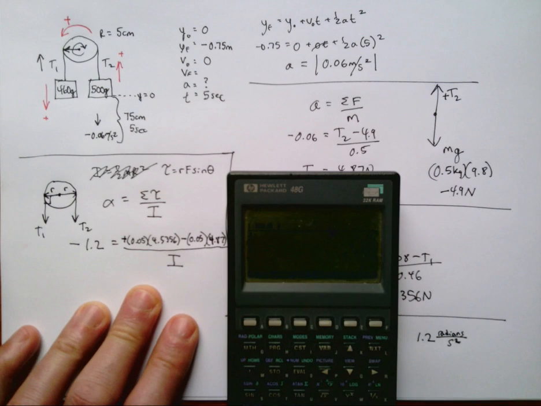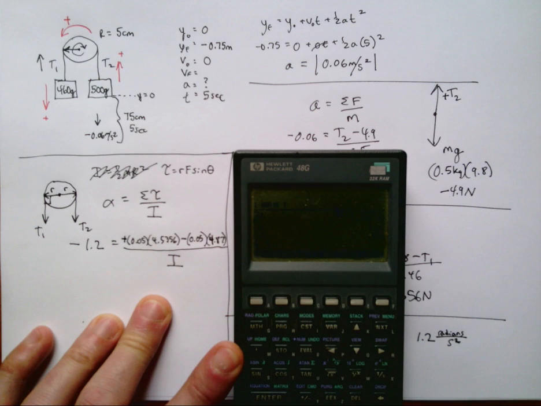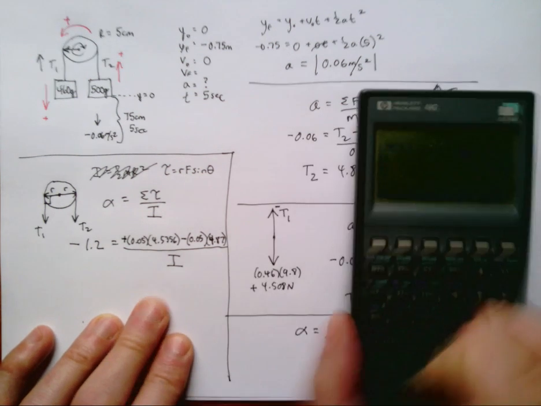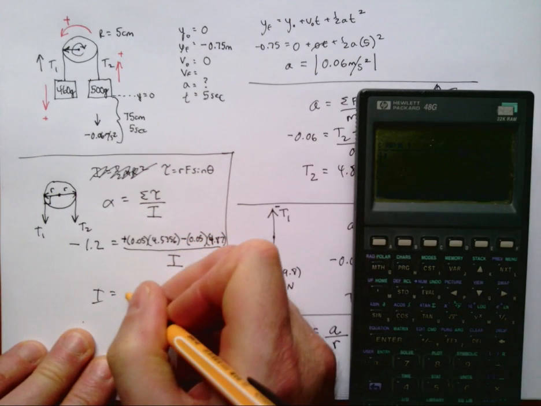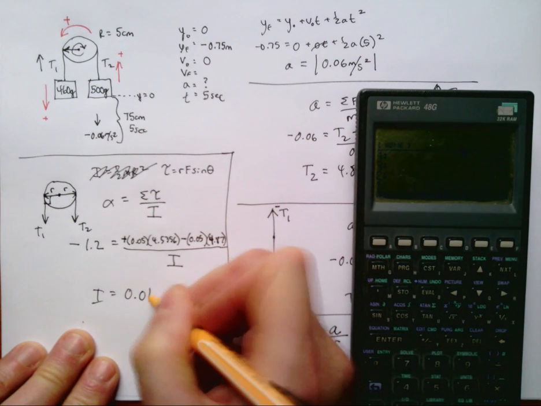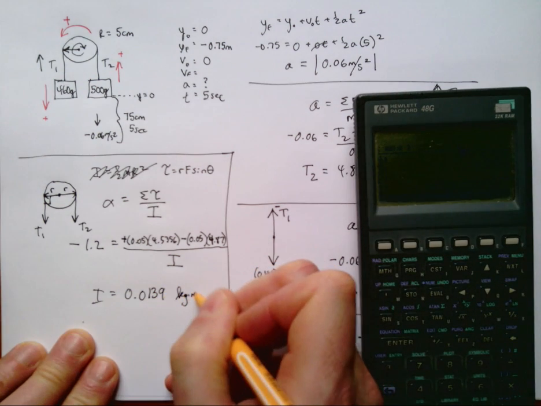So let me take a few moments to pop those numbers into my calculator. Okay, and it looks like I'm getting an answer of rotational inertia of 0.0139, and the units for that would be kilogram meters squared.